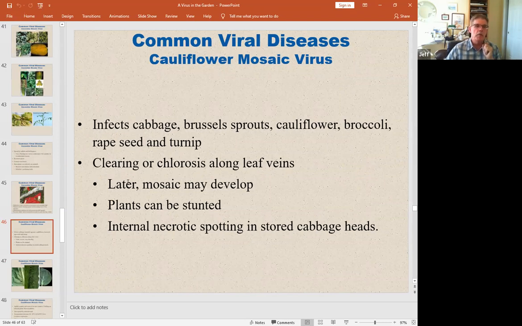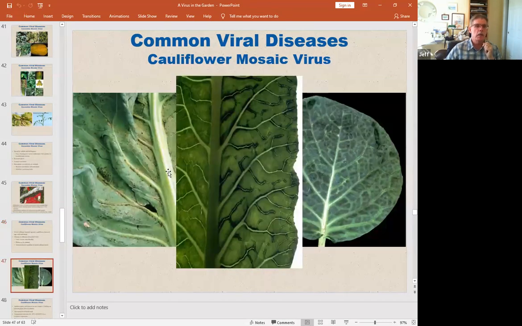Later, a mosaic may develop, and plants can be stunted, especially if infected early, and necrotic spotting occurs in stored cabbage heads. So what does it look like? Here's the necrotic spotting. Necrotic means dead, brown. Here's the vein clearing, and more vein clearing throughout the leaf. You can imagine that plants affected that way will not be as productive.